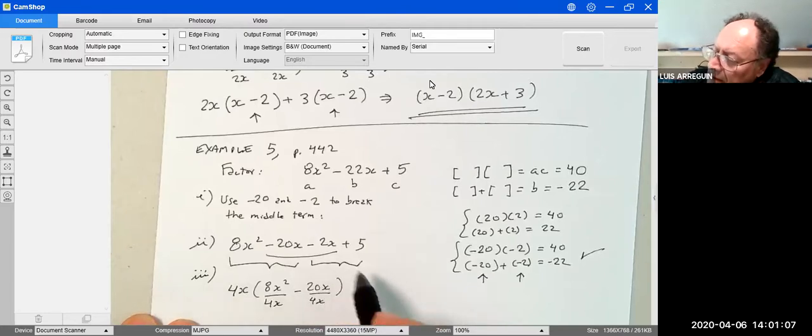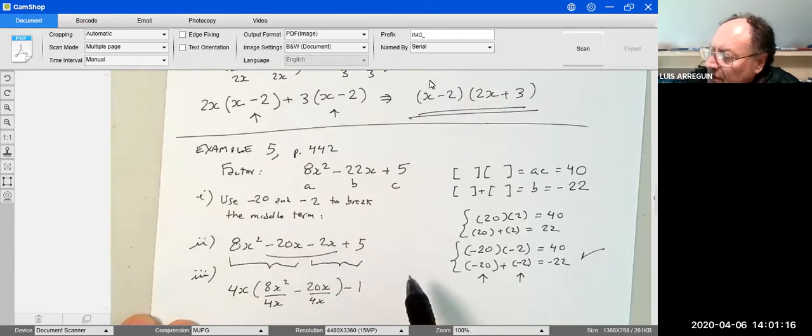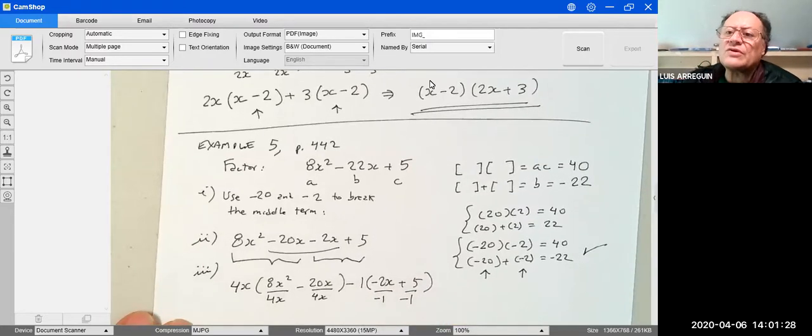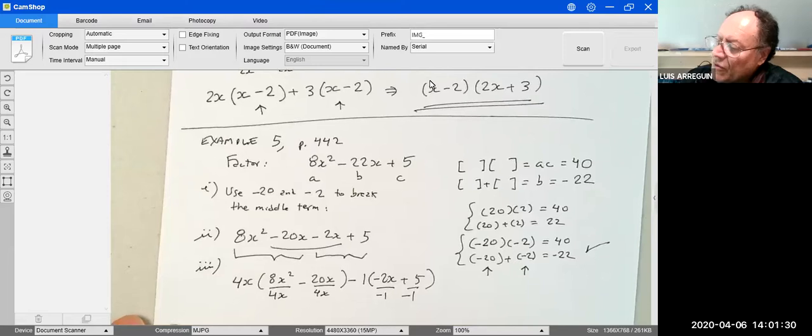So I'm going to write 4x squared over 4x minus 20x over 4x. Then the greatest common factor for the second group is just going to be minus 1 for coefficients and nothing for variable, because the variable only appears once. So I'm going to divide everything by my greatest common factor, which is negative 1.